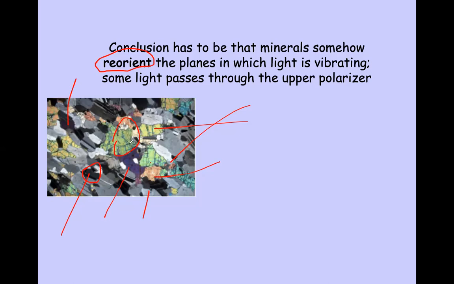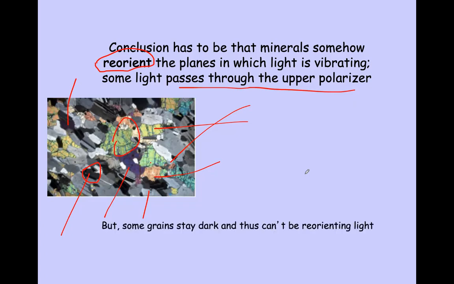Whereas these black ones cannot reorient the light. So the take home point is some minerals can reorient the light, some minerals cannot, when it passes to the upper polarizer. This is another important observation.